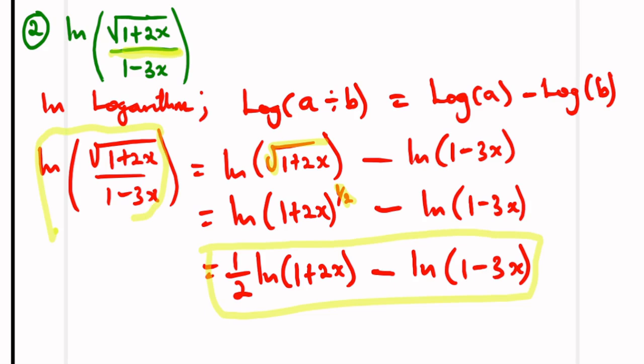From here onwards, we can introduce the series expansion of 1 plus x to find the series of the natural log of root 1 plus 2x over 1 minus 3x.